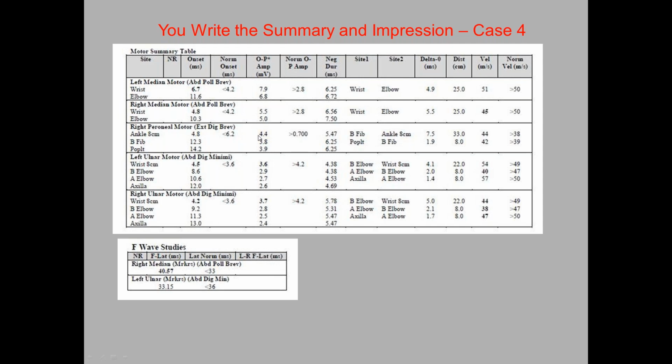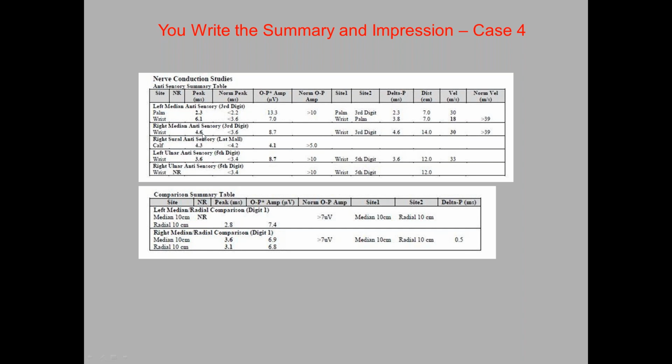The EMG and the nerve study. And is it motor and sensory? Yes. Okay. Severe. Evidence suggests an ongoing severe sensorimotor axonal and demyelinating polyneuropathic process, evident in all extremities tested. Yep.